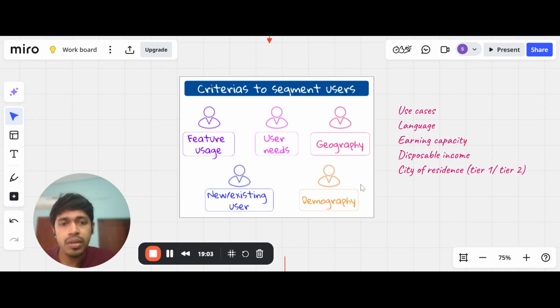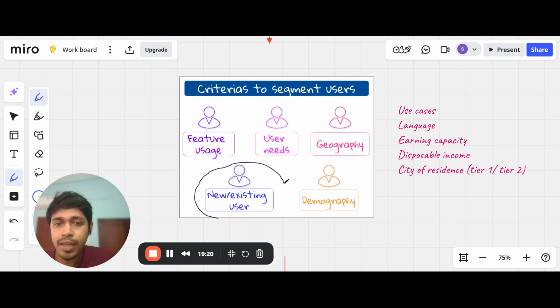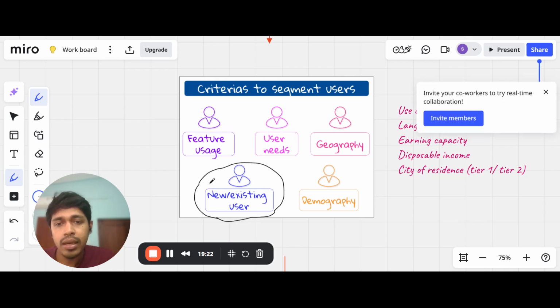According to the geography, according to the demography. Demography is basically age, gender, etc. And you can think of users in these terms as well: existing versus new user. This particular segmentation sometimes becomes really, really important in root cause analysis problems, because sometimes the issue happens because of new users, or maybe only for existing users, something like that.